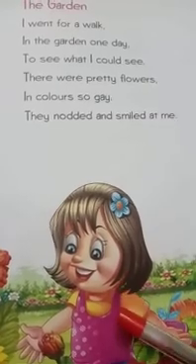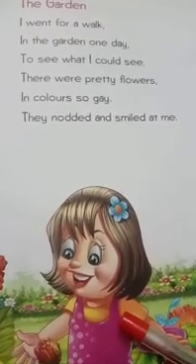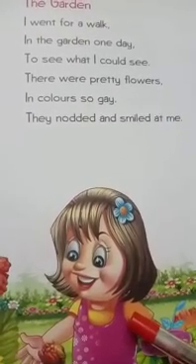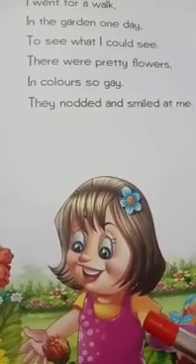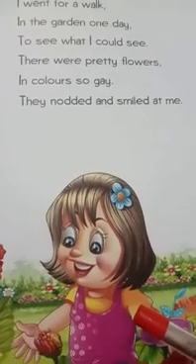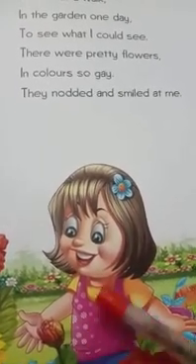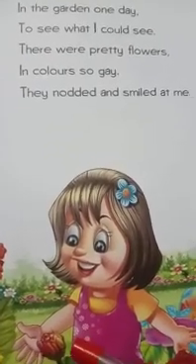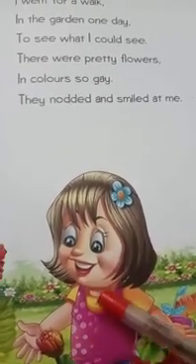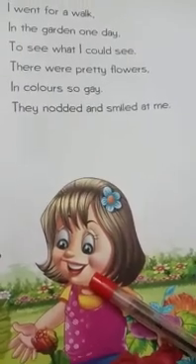She saw colorful flowers. The flowers are so pretty, beautiful. The colors are so gay. Gay means bright. The color of the flower is so bright. The nodding flowers see that girl and smile at her, the flowers are in bloom. The nodding flowers are blooming while smiling to see that girl.